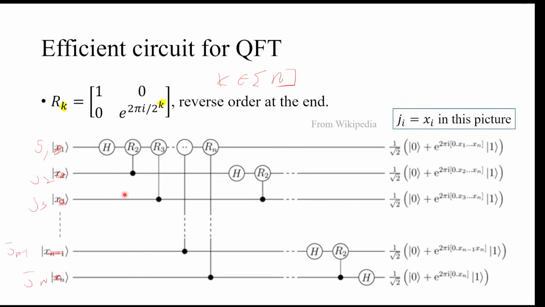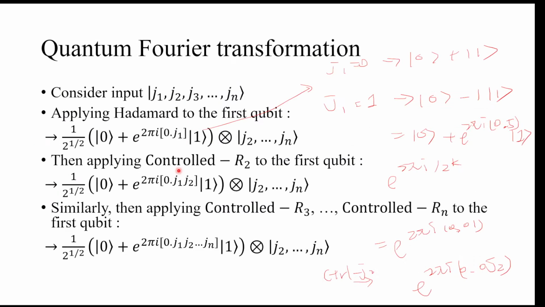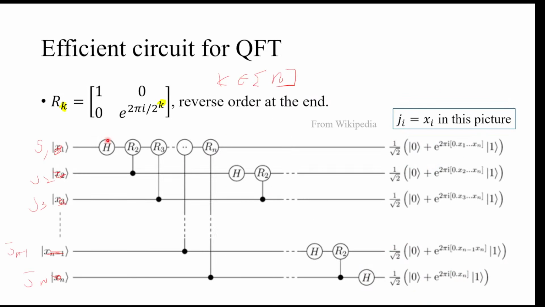Now you control on j2. So when j2 is 0, then nothing happens. You still get this thing. And j2 equal to 1, then you see that's where we wanted this small fraction. So we have 2 to the 2 here because we are doing R2.